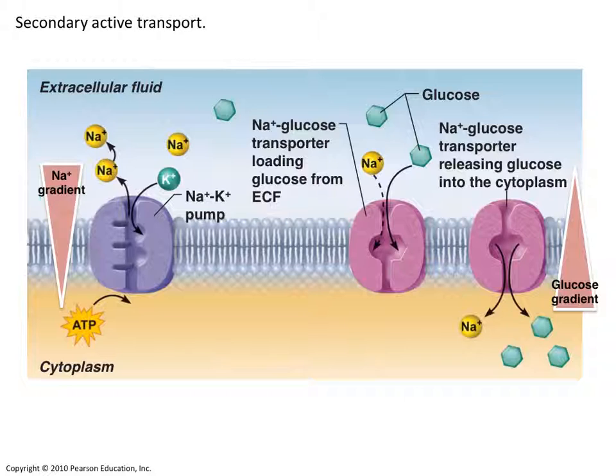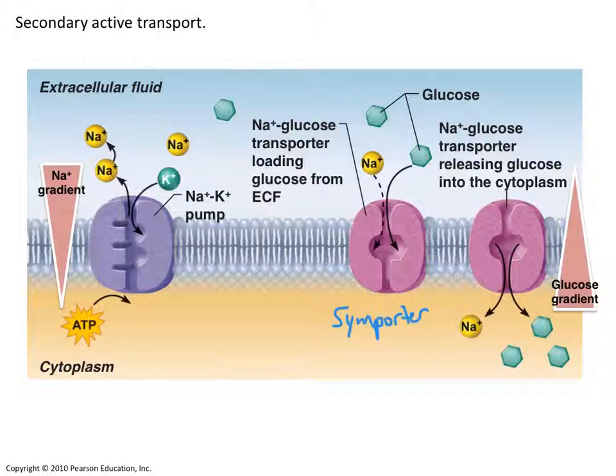So you've got the sodium gradient set up, established, just like we talked about in the last slide. Now, there is a molecule, and it's called a symporter because it's bringing glucose in the same direction as it brings in sodium ions.